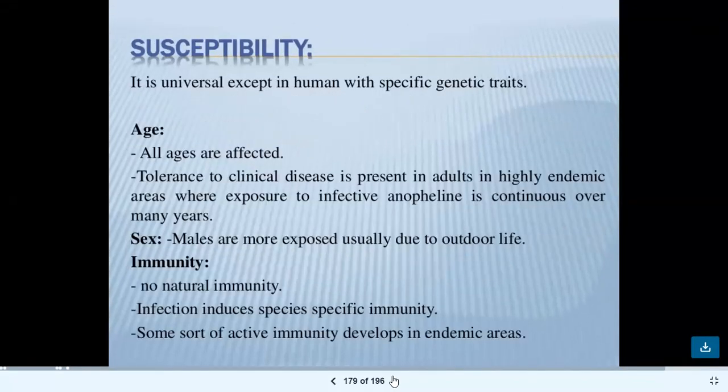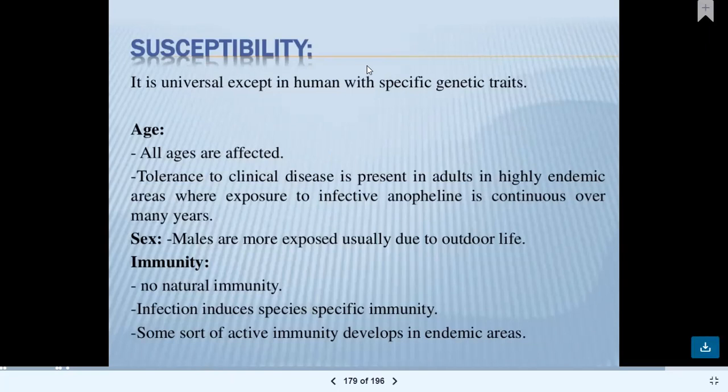Susceptibility is universal except in humans with specific genetic traits. Age: all ages are affected. Tolerance to clinical disease is present in adults in highly endemic areas, where exposure to infective Anopheles is continuous over many years.